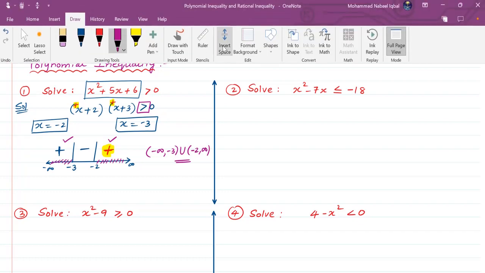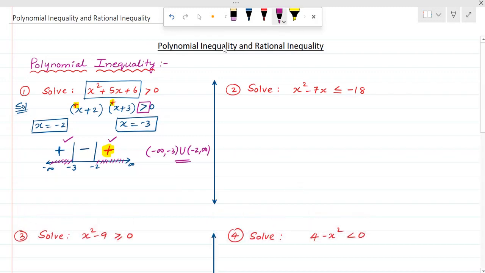Suppose the same question asks more than or equal, what happens? Let us check. If x square plus 5x plus 6 is more than or equal to 0, what is the solution? If it is less than 0, what is the solution? If it is less than or equal to 0, what is the solution?